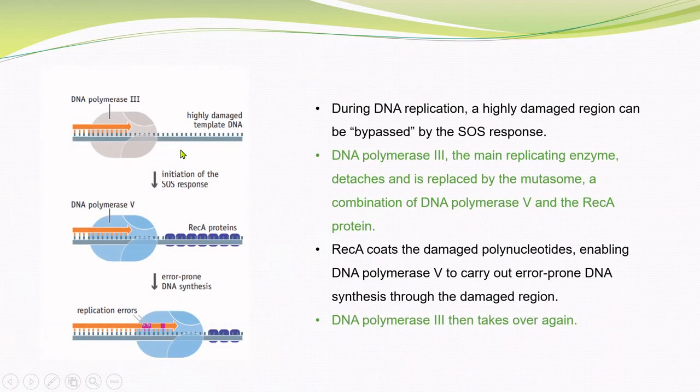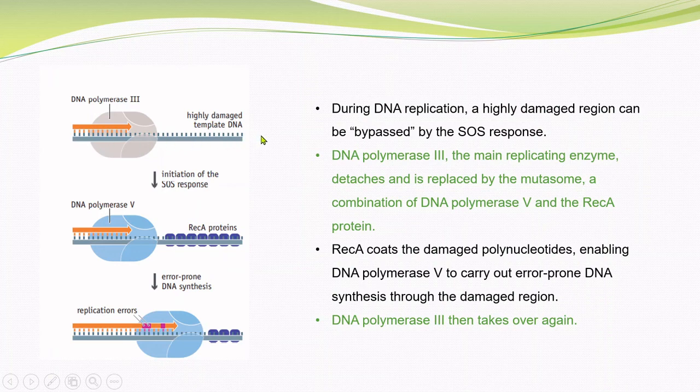Now, see, DNA polymerase 3 is the main replicating enzyme, and this is the portion which is a highly damaged DNA molecule, and this strand of DNA is now being replicated.